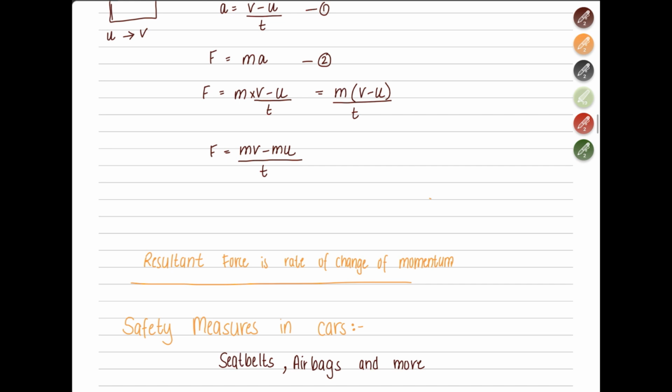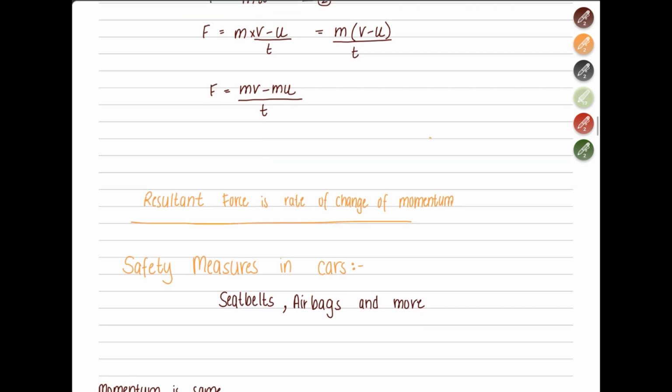Now, using this equation, we can understand why we have safety measures in cars. For example, we have seat belts, we have airbags, and more. Now, in case of an accident, the change in momentum is going to be same. For example, there was this car, it was moving at 100 meter per second. It had an accident, and now this car stopped and it reached 0 meter per second. What is the change in momentum?